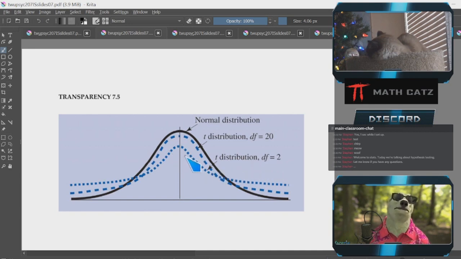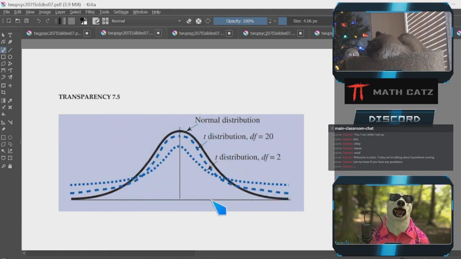When the sample size is small, this distribution resembles a normal distribution, but the tail is bigger. And then as the degrees of freedom increase to past 100, they are extremely close to each other.